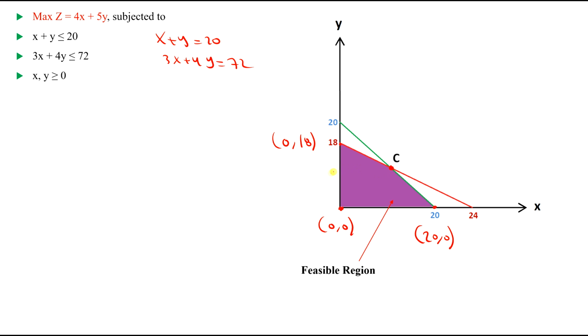So in the graphical method, we look for the vertices of the feasible region. One of these will be our optimal solution.